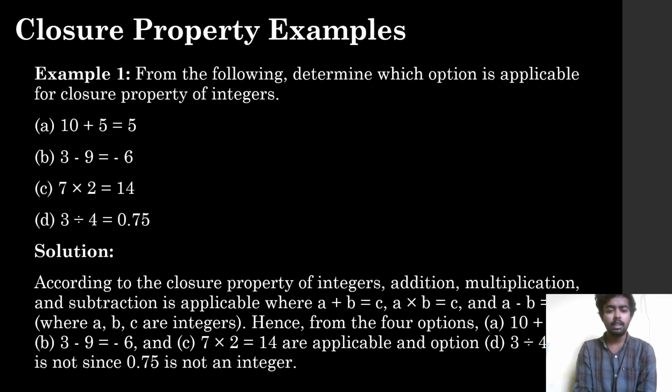According to the closure property of integers, addition, multiplication, and subtraction are applicable, where a plus b equals c and a minus b equals c, where a, b, c are integers. Hence, options A, B, C are applicable and option D is not, since 0.75 is not an integer.